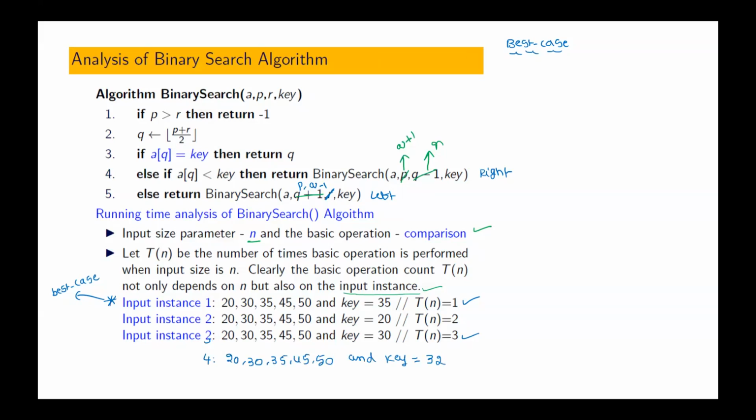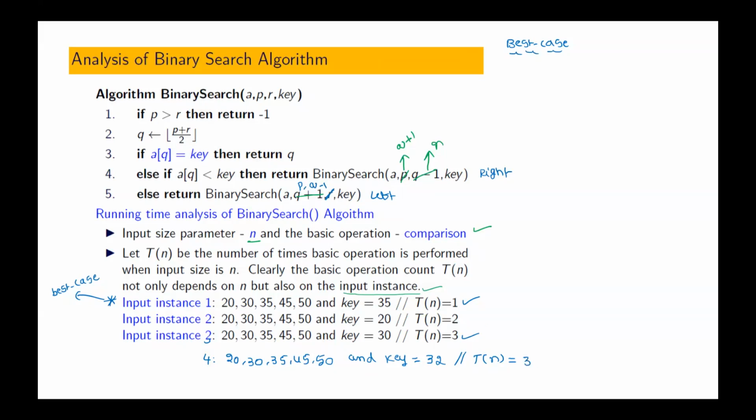How many times is this operation performed? Please tell me, in this case, what is T of n? Three, sir. It is also 3. Correct? It's also correct.